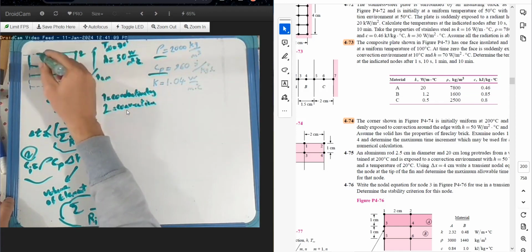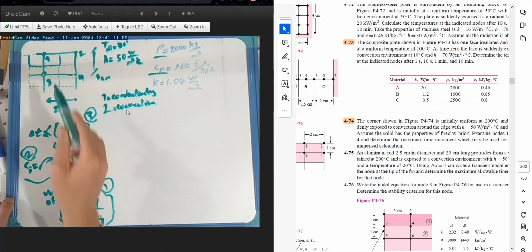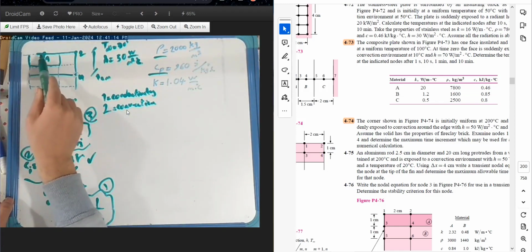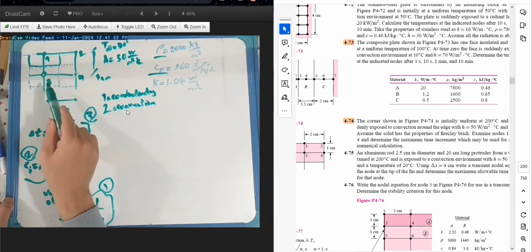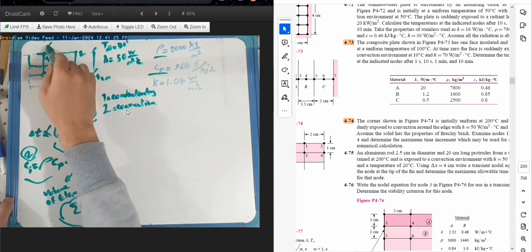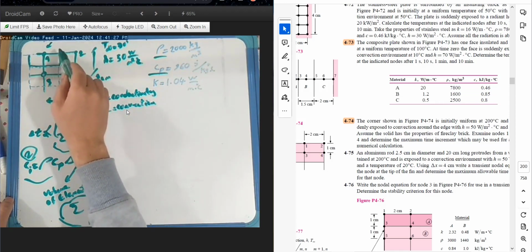From point 2 to 1 we have conduction. From the left of point 1 we have conduction too, the resistance of conduction. From point 3 to 1 we have conduction too, but from the top we don't have any conduction.